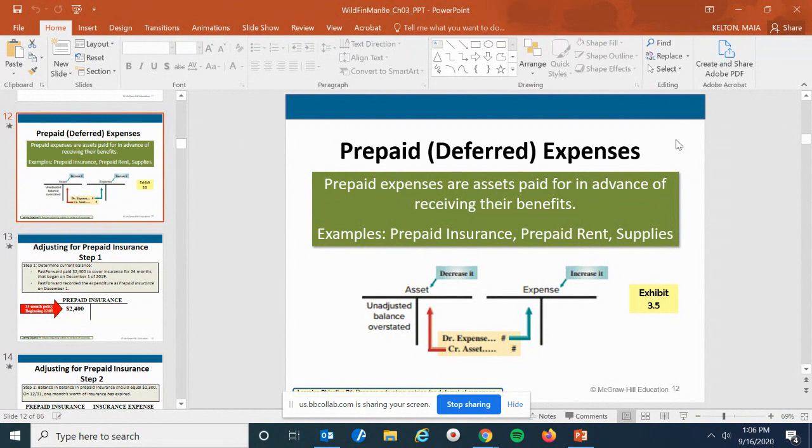From chapters 1 and 2, you know the prepaid expenses are actually assets. The company purchases those assets ahead of time and they use them up over time. So prepaid insurance, prepaid rent, prepaid advertising, supplies, and all the long-term assets, those are examples of prepaid expenses.